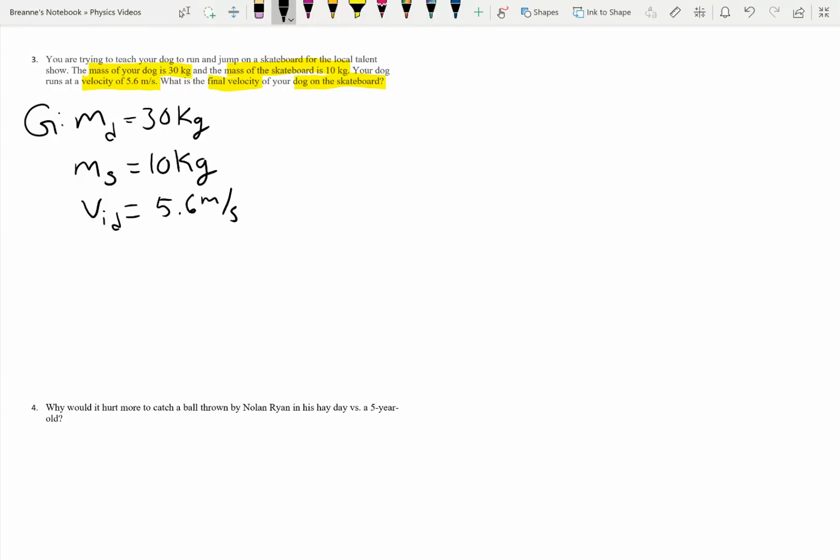And so your dog's running towards the skateboard. So you can assume that your initial velocity of the skateboard would be 0. And what you're looking for is the final velocity of the skateboard and the dog. So your dog on the skateboard, so it's combined. That is telling you it is an inelastic collision.